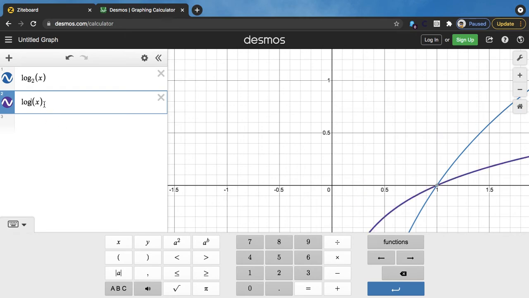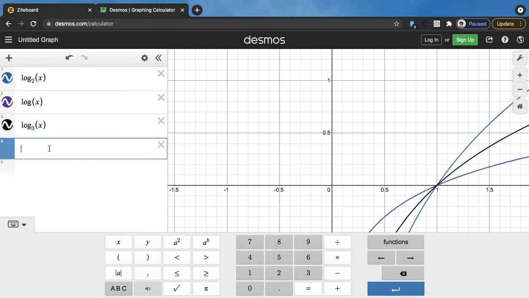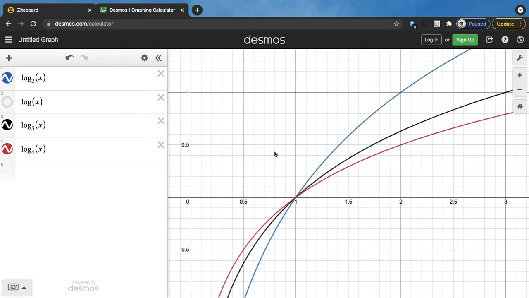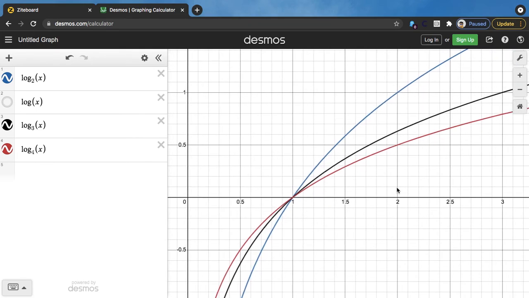Oh, this is base 10 actually. So let me make it log to the base 3. Log to the base 4. And now let's see what is happening. So I'm going to remove log x to the base 10 for some time. And the base is not defined, it's 10.